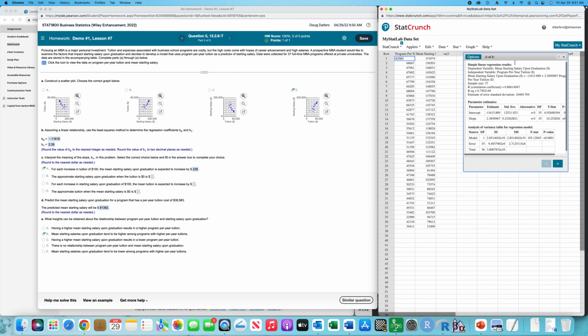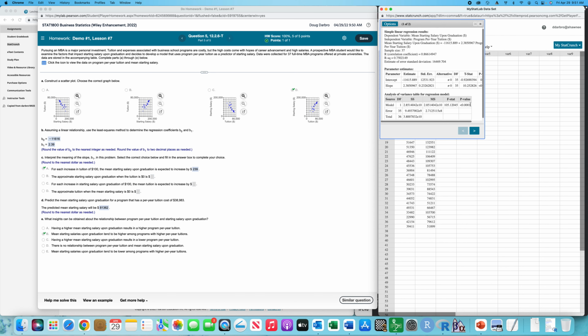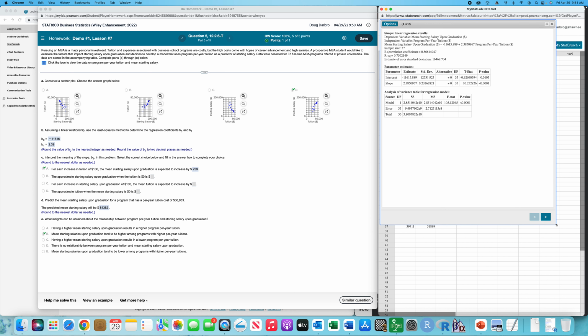And once I get this output, there are a couple of ways that I can get my B0 and B1. First of all, I can get it from this line right here. So the number without the variable is the intercept, which you can see I typed in for B0. And the number with the variable is the slope, which you can see I typed in for B1.